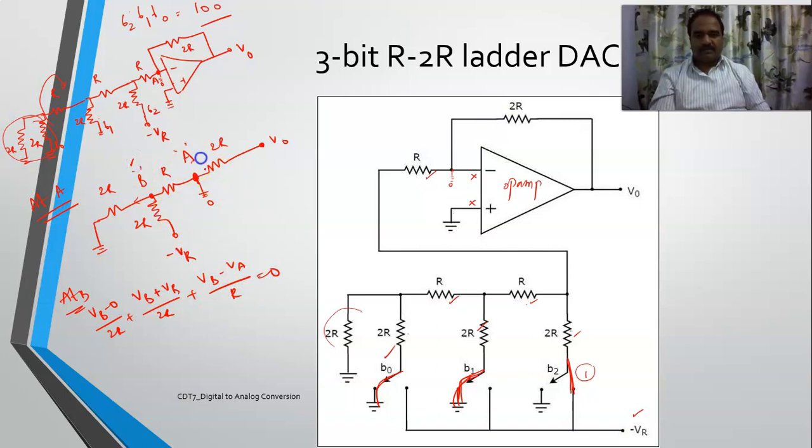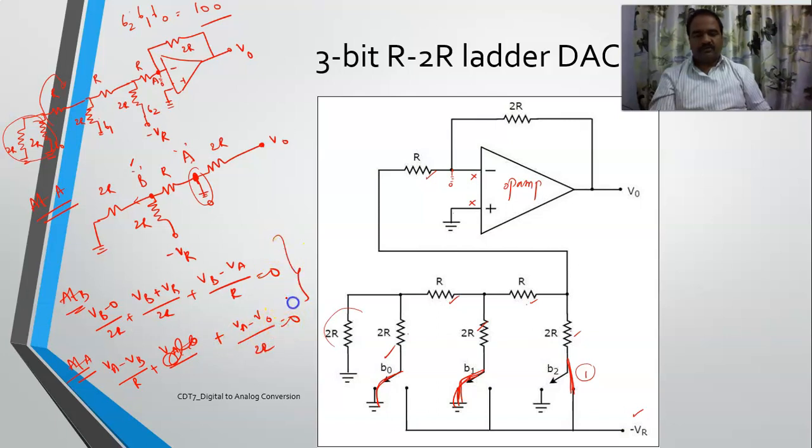At this particular node, it is VA minus VB by R plus VA minus 0 by, there is nothing, right? So no current will go into this one. Plus here it is VA minus V0 by 2R is equal to 0.